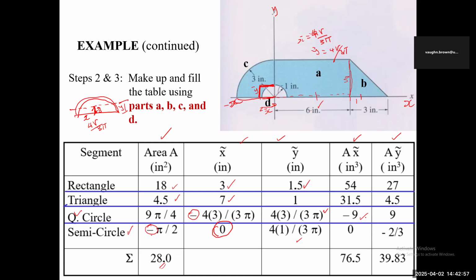So it goes right through, right? That means it will affect this component here, the AX component. So when you minus, you add those 254 plus 31.5, and you minus, you're going to get 76.5. And that's the total, that's the summation line of AX, A times x bar.